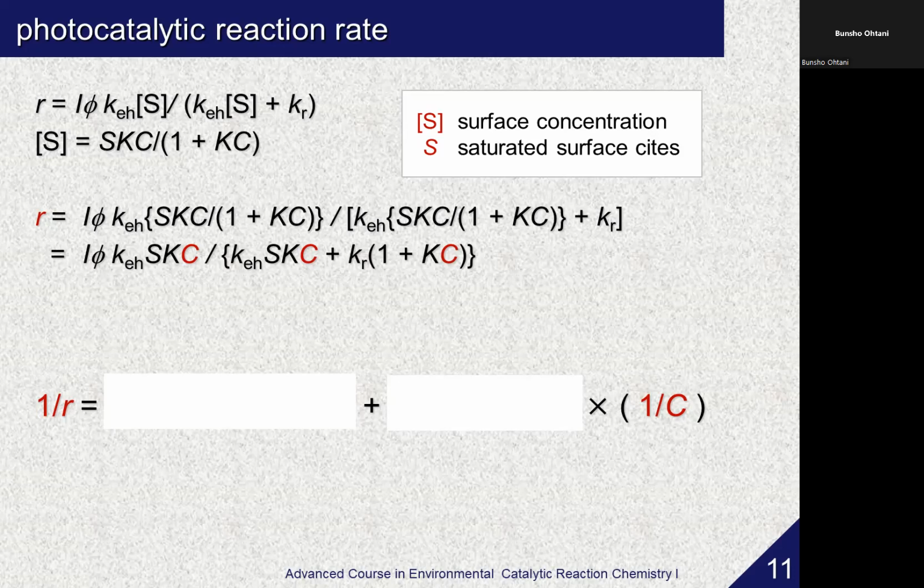This is not a linear relation. Therefore, to make it linear, the reciprocal R, 1 over R, is plotted against the reciprocal C, 1 over C. So how much is the slope and y-intercept, please?